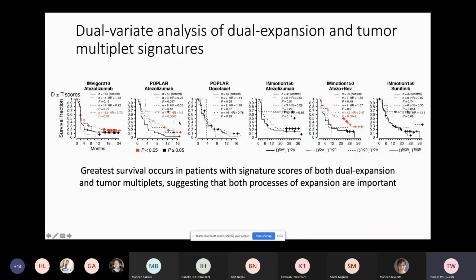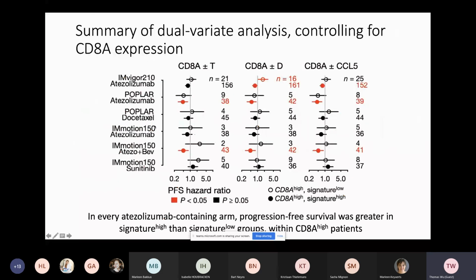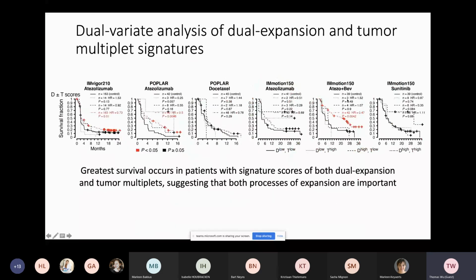There was a hint in these studies, where only the bottom category was in red and highly significant, that you really needed both dual expansion and tumor multiplet expansion to show the best response to atezolizumab. In other words, it suggests that the greatest response to cancer immunotherapy happens when a patient has both expansion in the tumor and expansion in the peripheral blood.